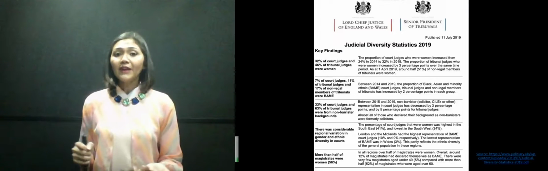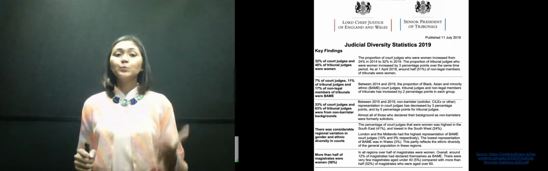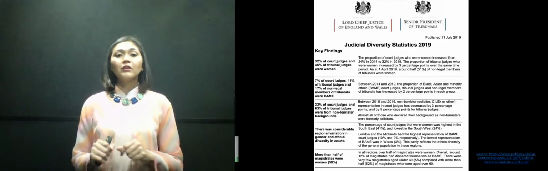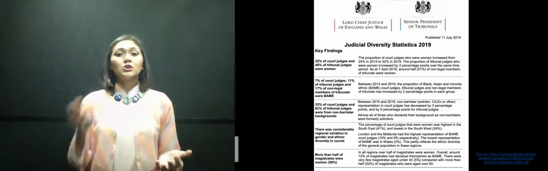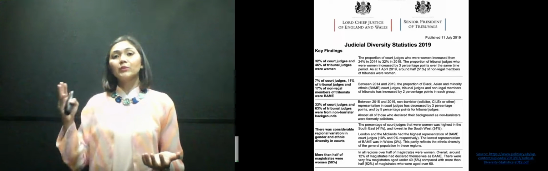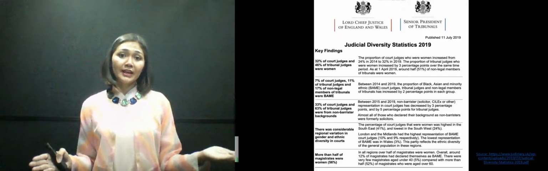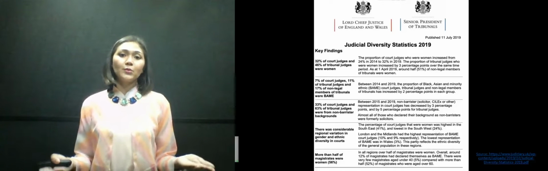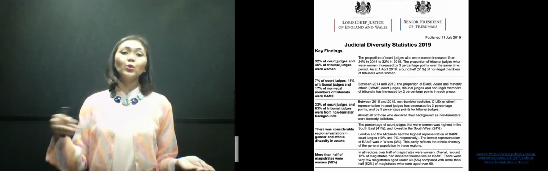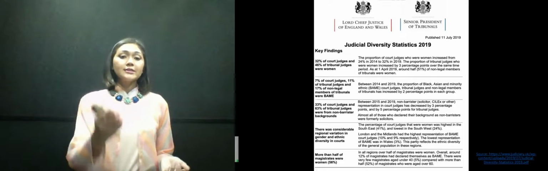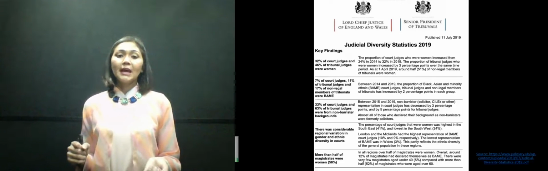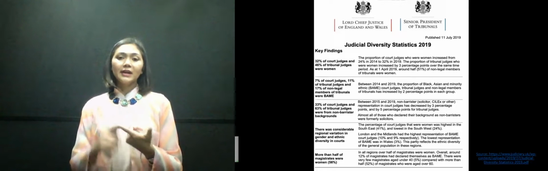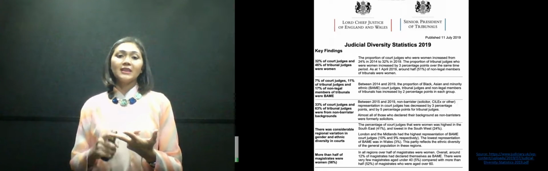The key finding is that 32% of court judges and 46% of tribunal judges were women. There has been an increase from 2014 to 2019, from 24% up to 32% of court judges who were women.